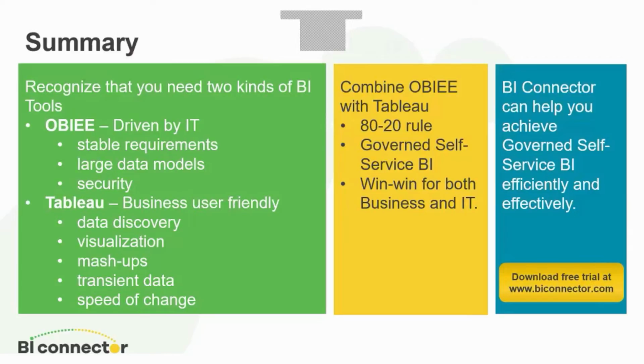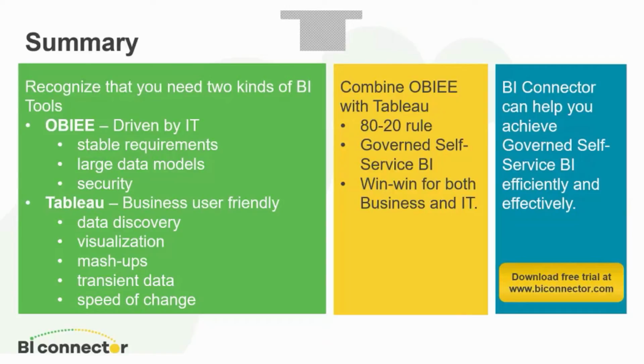It's great for transient data. Some data sources, you don't know whether they're good for bringing into your enterprise framework, but you can quickly visualize them, see if it makes sense, and then bring them into your enterprise framework. And most important of all, it provides the speed of change that is demanded by end users.